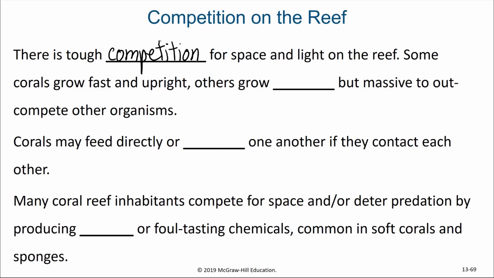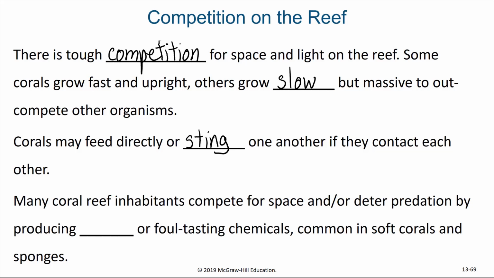Some corals grow fast and upright, others grow slow but massive, each in their own way trying to outcompete others in their area. Corals may feed directly on or sting one another if they contact each other or are running up against each other.